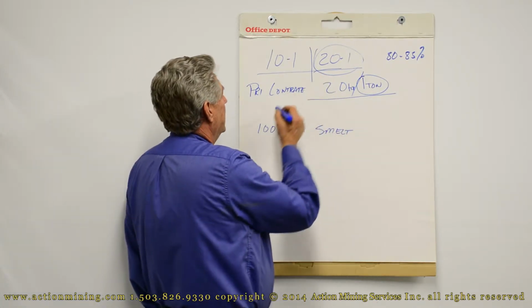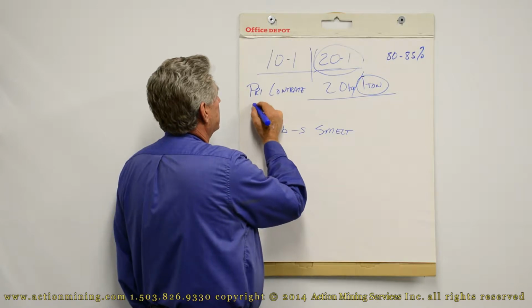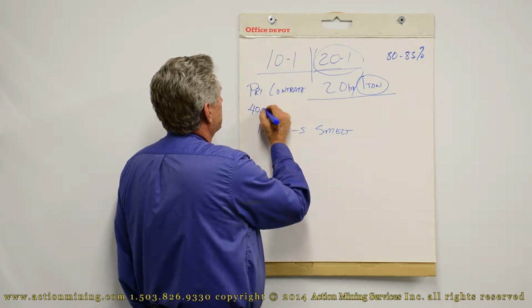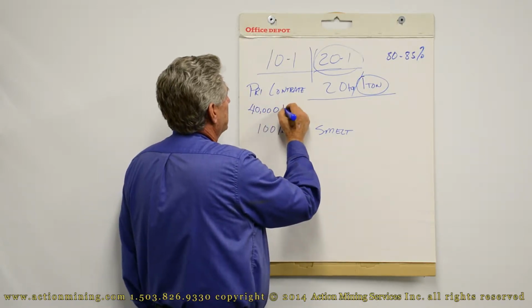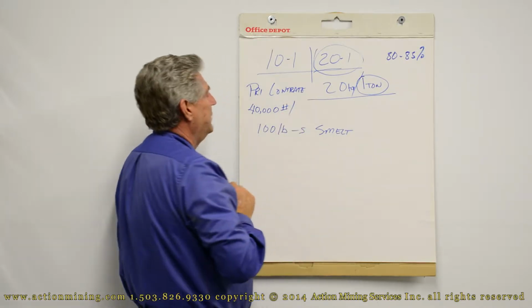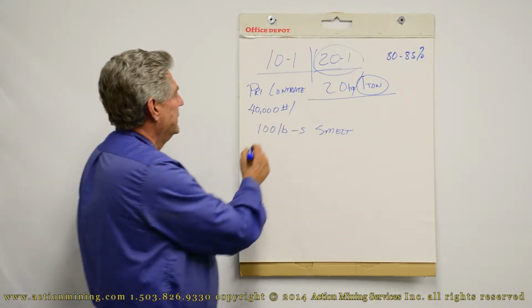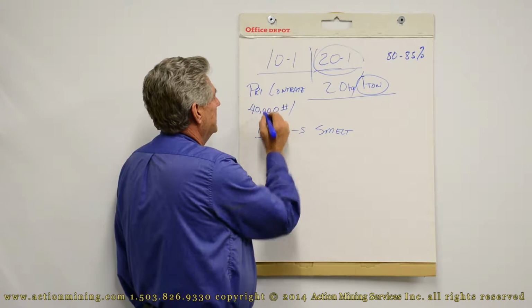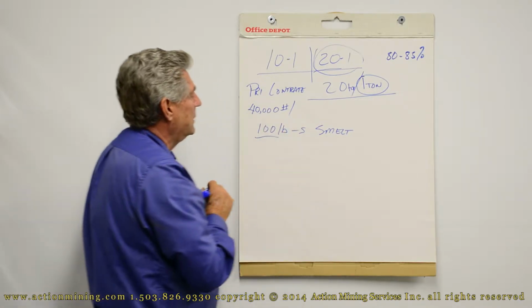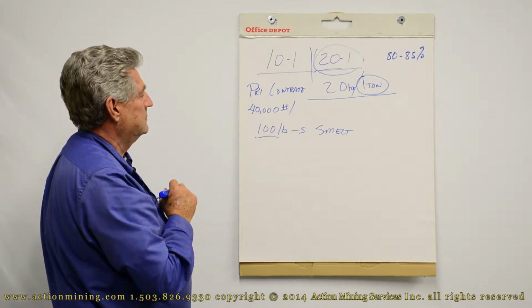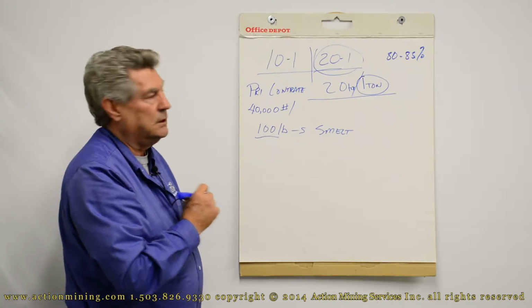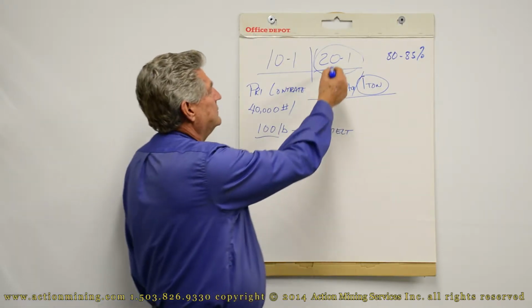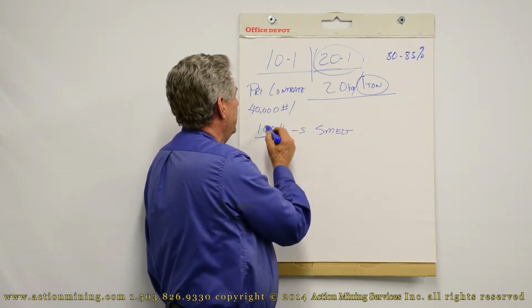That means that I've gone from 40,000 pounds down to 100 pounds. It's a 400 to 1 con. I've cut this 20 tons down to 100 pounds.